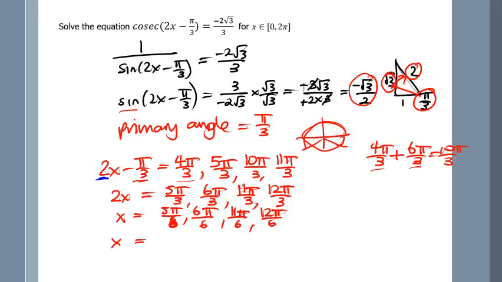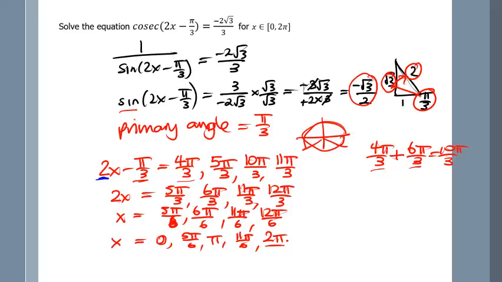Let's clean them up. I get 5 pi on 6, pi, 11 pi on 6, and 2 pi. However, we know that 2 pi is also equal to 0 degrees, or 0 radians. So that comes in as a solution as well, 0.